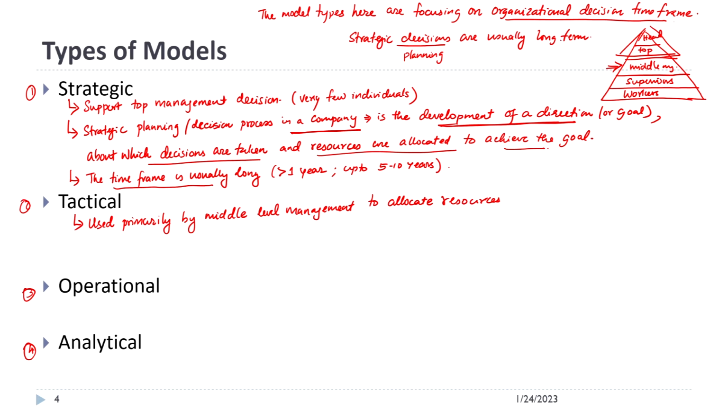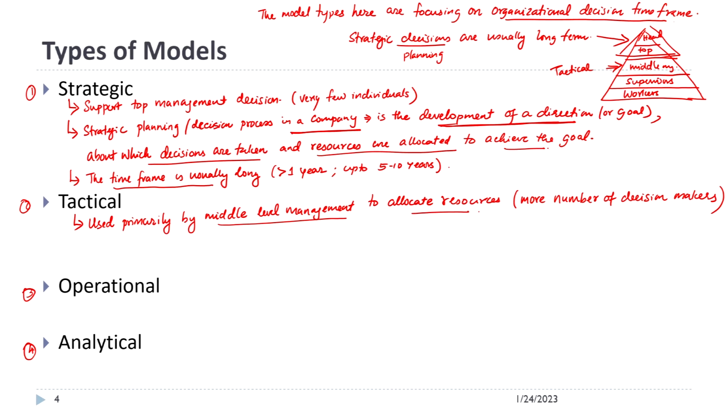So, here are the strategic decisions, which happen at the top level, and here are the tactical decisions. Okay. Compared to the strategic, you have more decision makers here, and they are primarily middle level management or middle management. And the main aim is to allocate the resources.